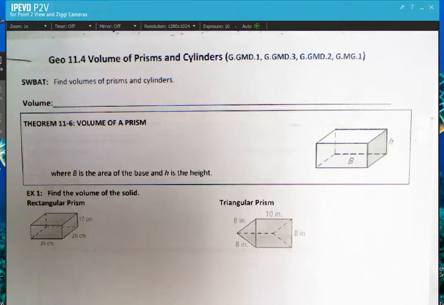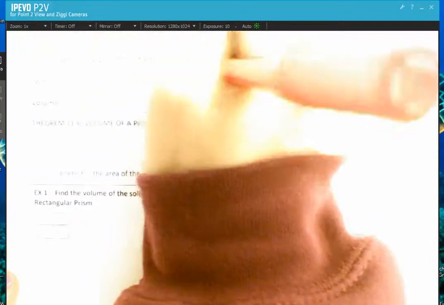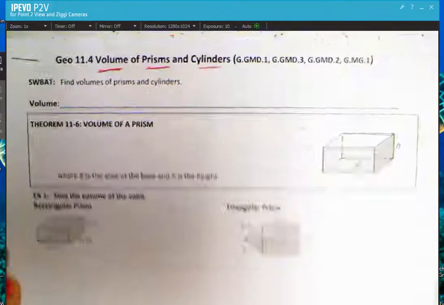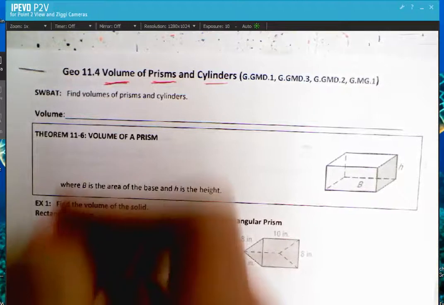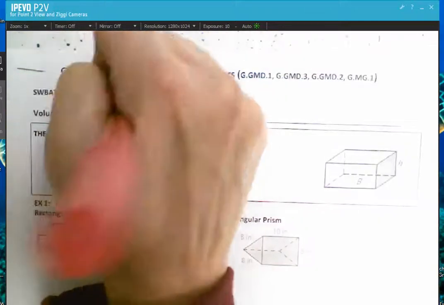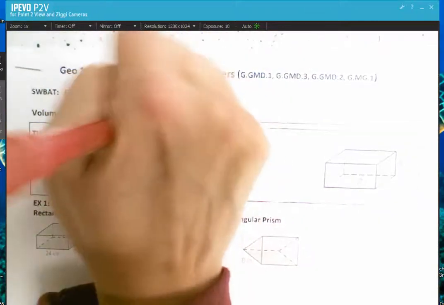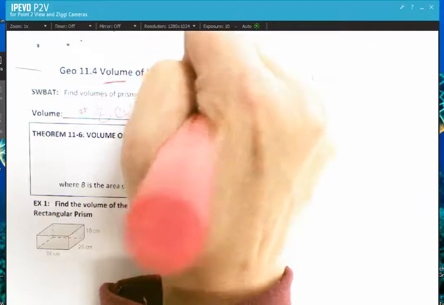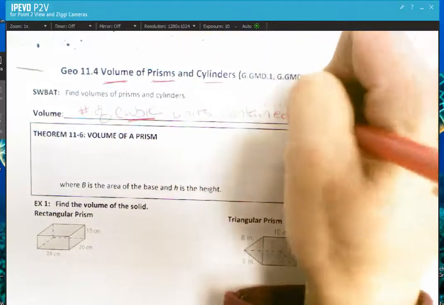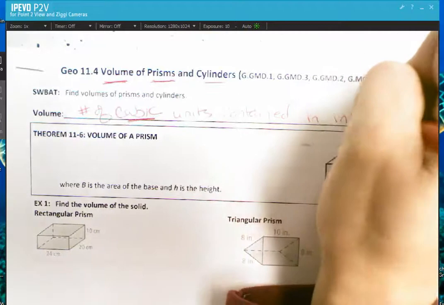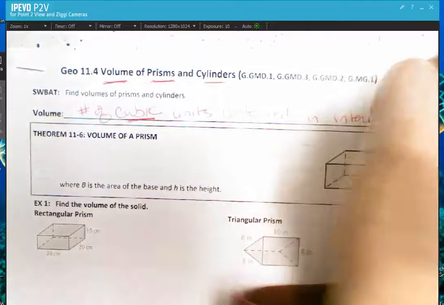Hi guys, we are going to go back and take a look at prisms and cylinders again, but this time we're going to take a look at volume instead of lateral and surface area. So volume we know is the number of cubic units contained in the interior.